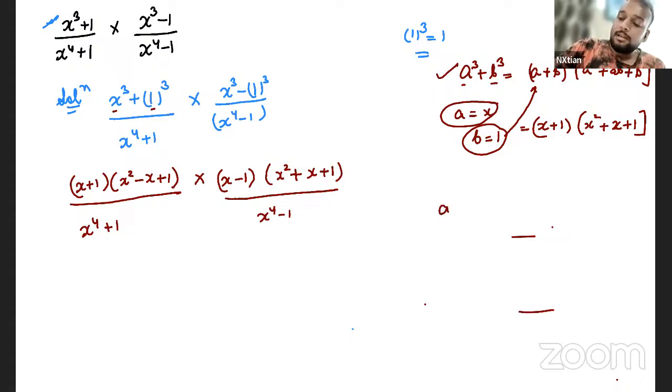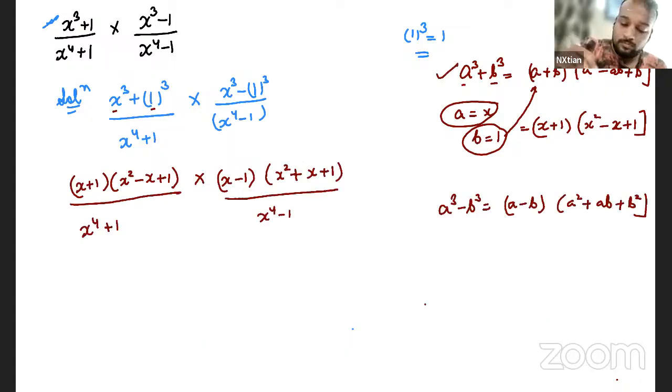And the identity of a cube minus b cube is a minus b, a square plus ab plus b square. Okay? Understood, guys? So that's why I wrote x cube minus 1 cube like this.